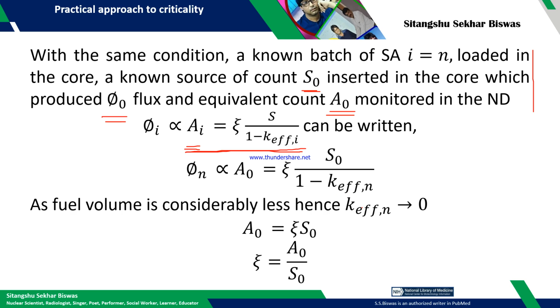We considered that with a very small number of subassemblies loaded, fission will not take place, because the effective multiplication factor tends to 0. Then this equation turns to this, and from there you find the value of zeta.